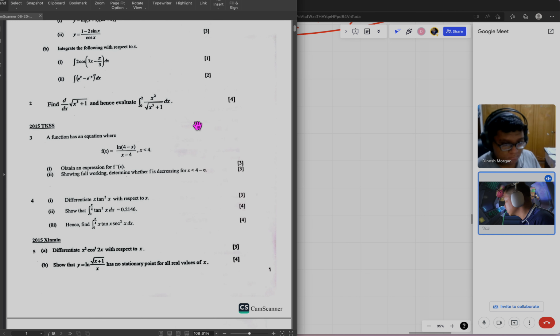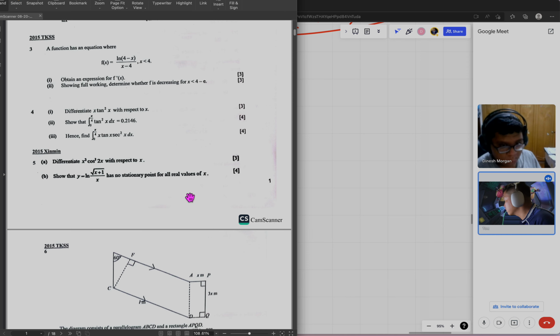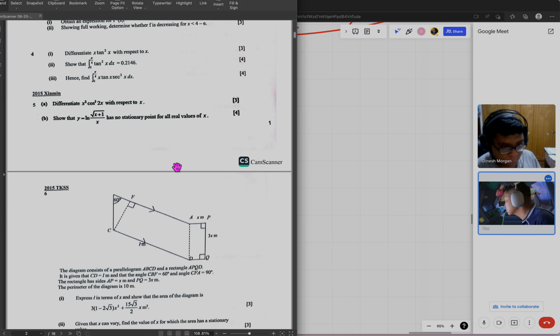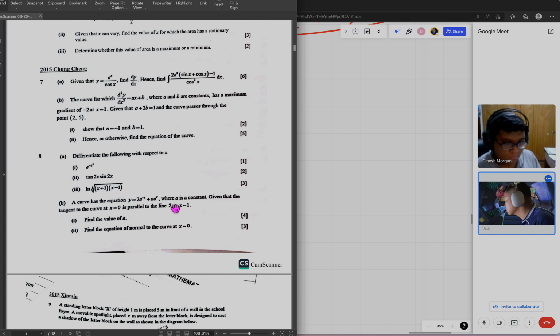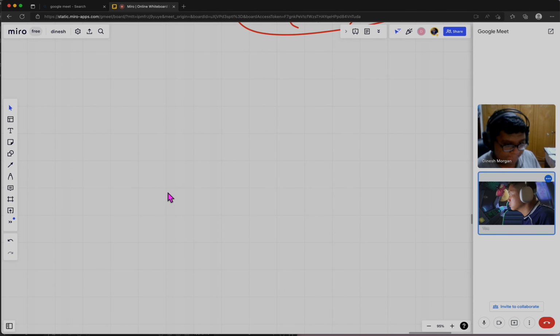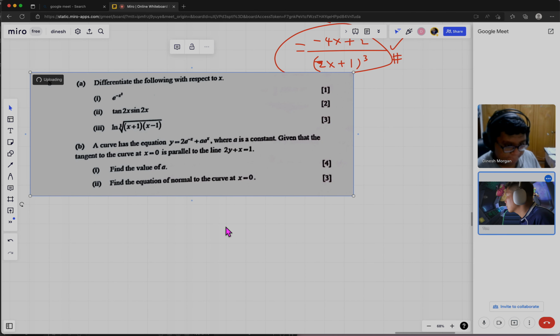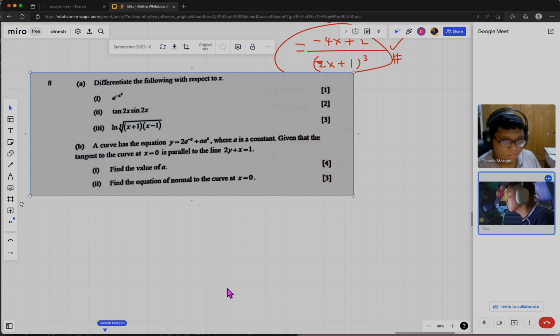Let me just pick one, then we talk about it. Oh, there are a lot of differentiation questions here. Okay, I'm going to drop it here. Can you see this one? Question 8.